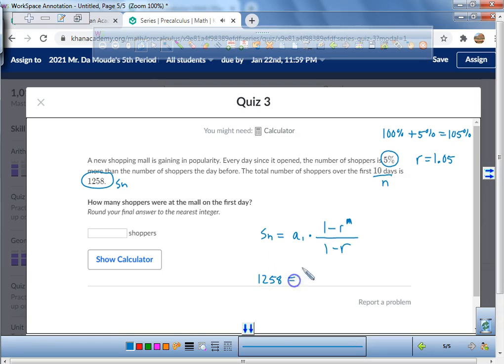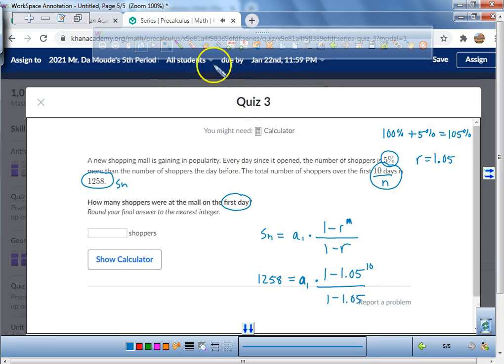It says we're looking for the first day, so I'm keeping that A1 value. That's our first day. Times 1 minus our R value, which is 1.05. Our N value is 10, so I'm going to raise that to the power of 10, all over 1 minus the R value, which is 1.05.